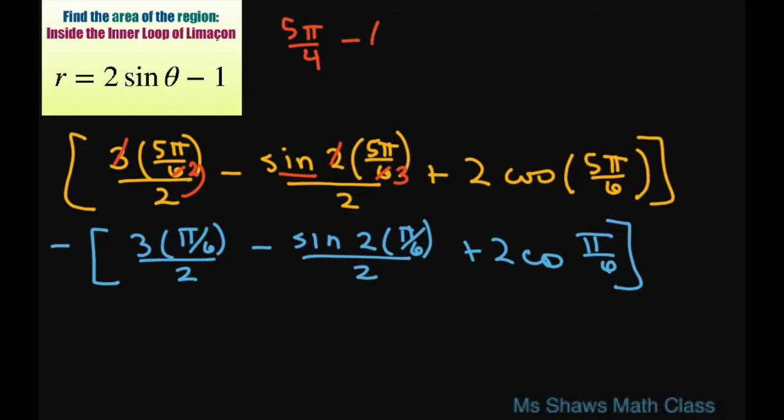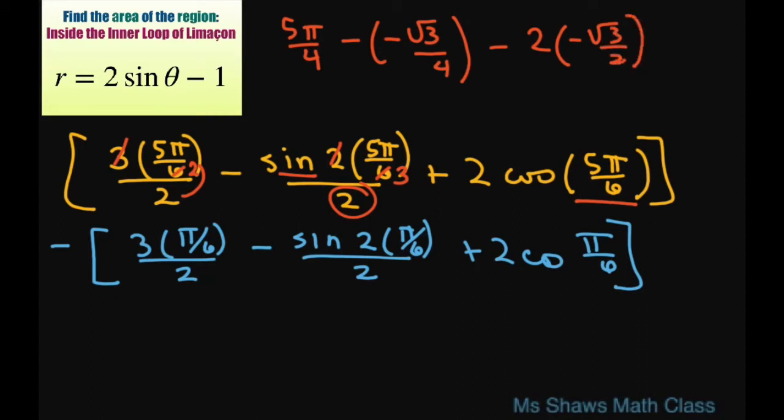So you have minus negative square root of 3 divided by 2, but you have to multiply it by 2, so that's going to be 4. And then minus the sine of 5 pi divided by 6, which is negative square root of 3 divided by 2. And these two are going to cancel. So that's your 5 pi divided by 6 part.